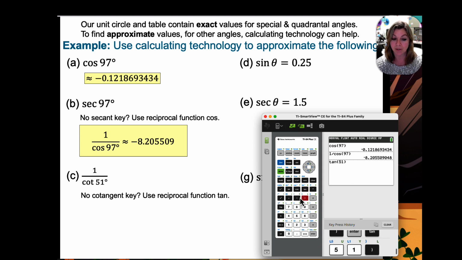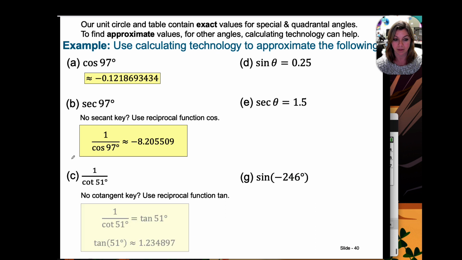Notice this one was given to us as 1 over cotangent, so tangent of 51 is the reciprocal of that. Run it and we get approximately 1.23489 and so on.